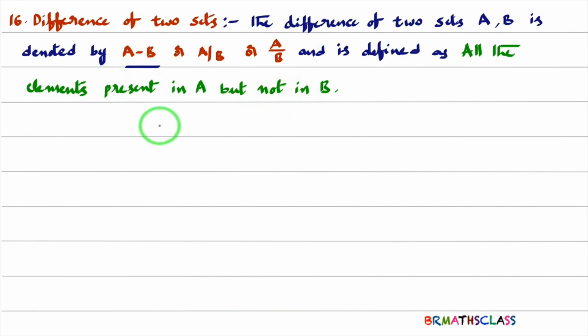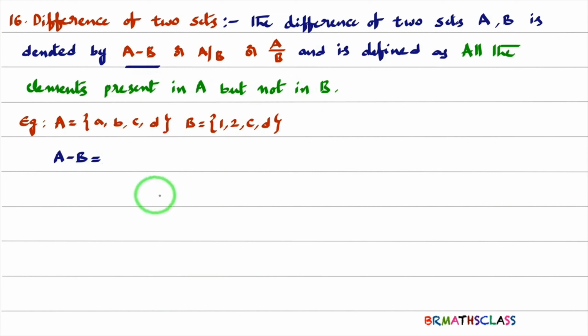We will try to understand this with an example. You observe here, I consider two sets A and B. And what is A minus B? A minus B means all the elements which are present in A but not in B. You observe here, this is an element present in A but it is not present in B. Now you come to the second, B. B is an element present in A. Is B in set B? No. So we'll write like this.